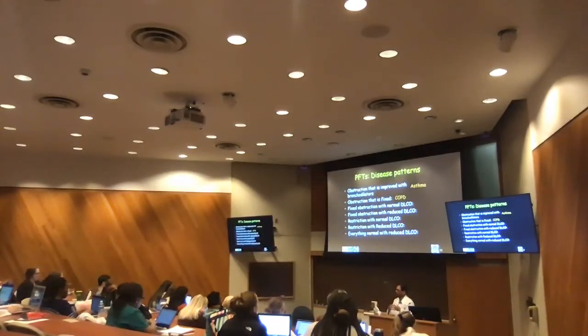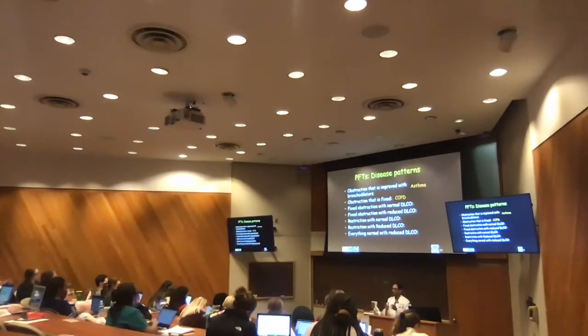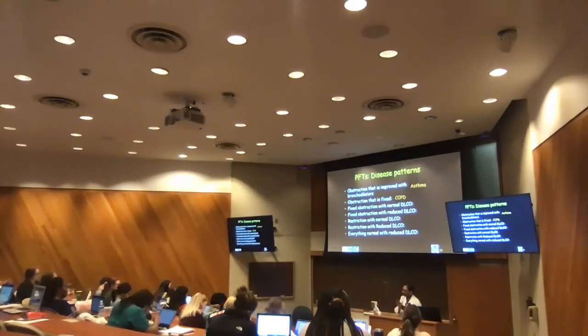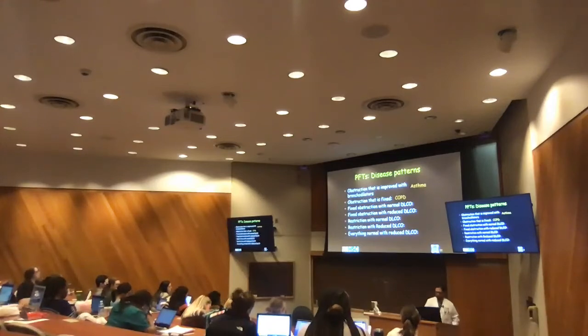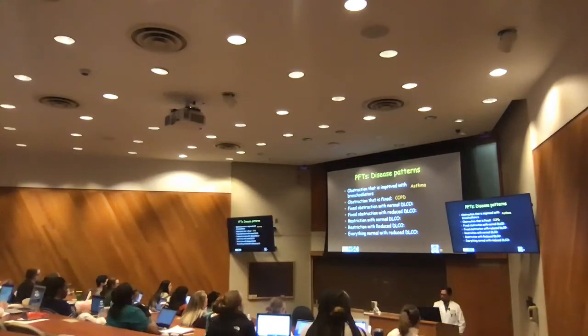For example, if you do FEV1 and FVC, they may be 60% predicted. Give 2 puffs of bronchodilator, wait 7 minutes, repeat spirometry, and the 60% predicted might become 90% predicted. That's completely reversible, so that's classic asthma. But COPD may reverse, but it's not going to reverse back to normal. There will still be some obstruction. So obstruction that is fixed is COPD.